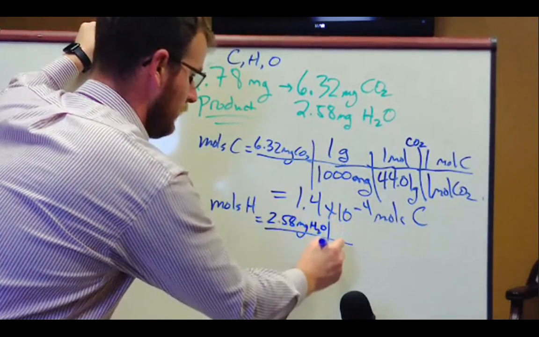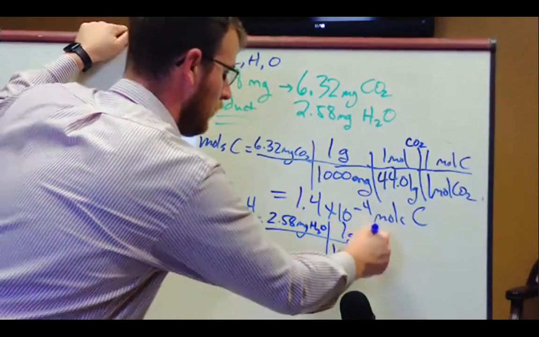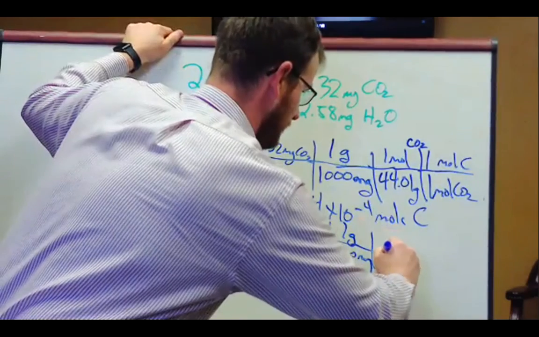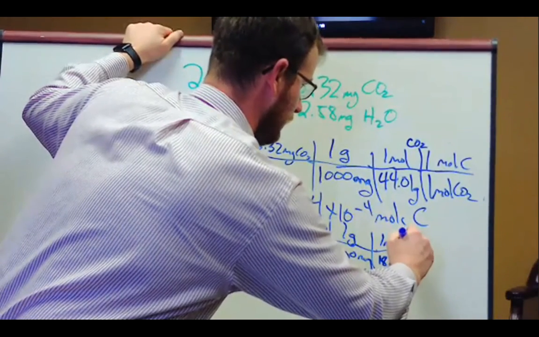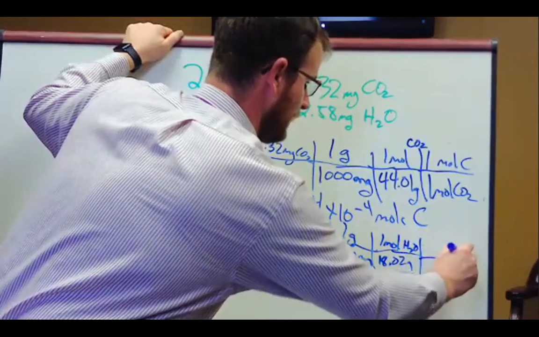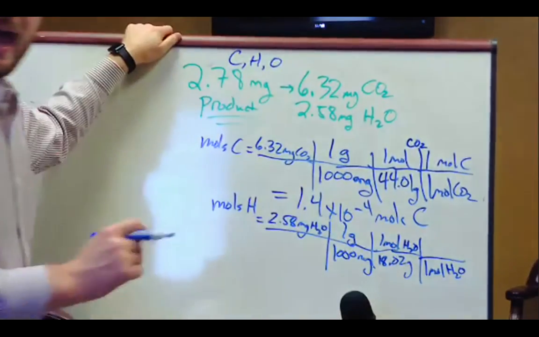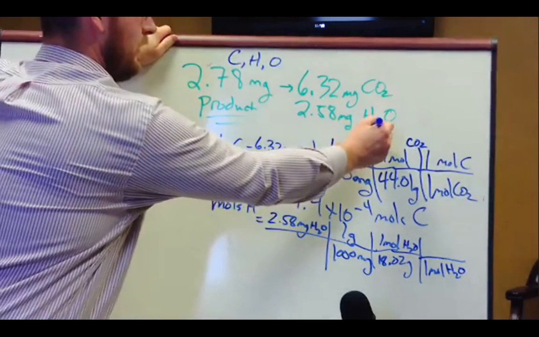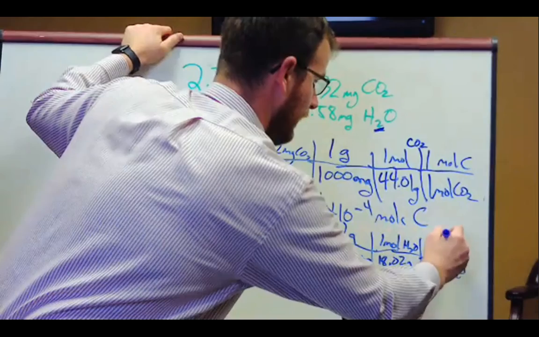The molecular weight will change because we're talking about water instead of CO2. So it's 18.02 grams for every 1 mole of H2O. Now, for every 1 mole of H2O, how many moles of hydrogen are there? For every 1 mole of H2O, there are 2 moles of hydrogen.